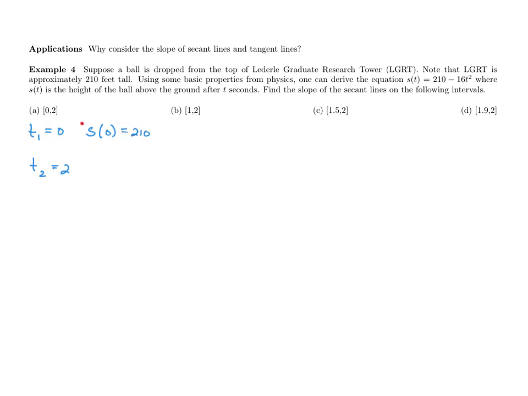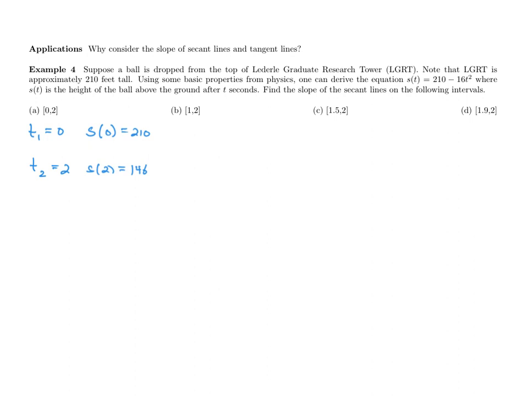So by putting 0 in place of t, you're left with 210. Now, what is s of 2? I just typed this into my calculator, and I got 146. So again, these are seconds, and this is feet. So at 0 seconds, the ball is 210 feet above the ground, which is at the top of the building. But after 2 seconds, the ball has fallen, so now it's 146 feet above the ground.